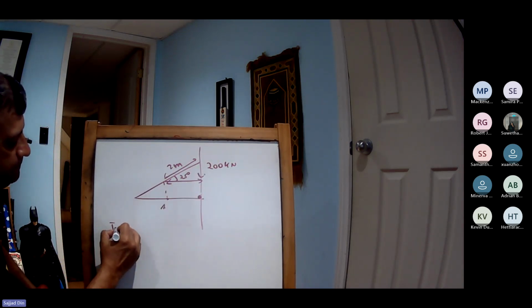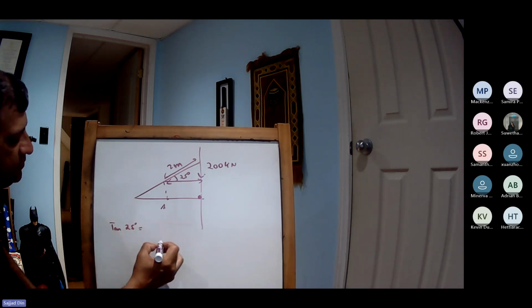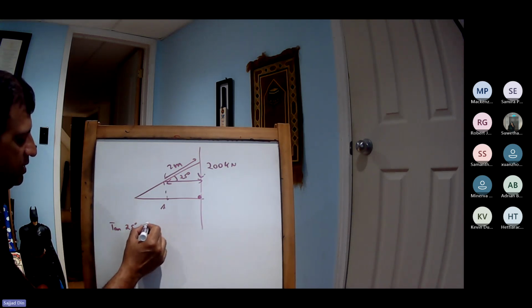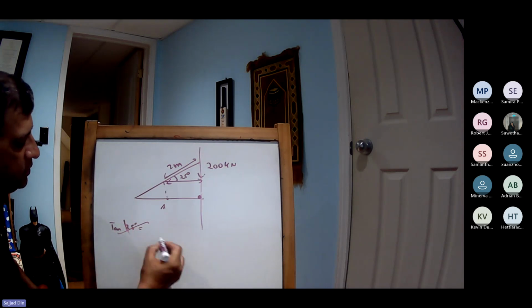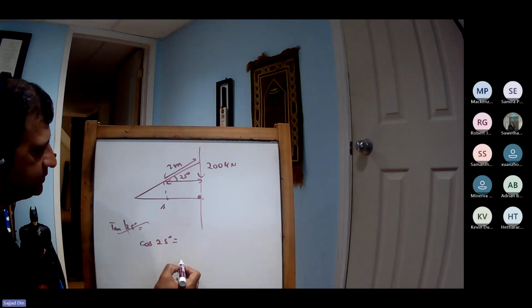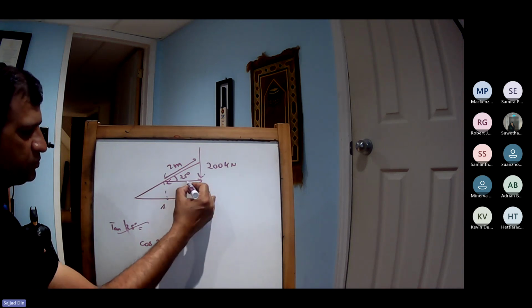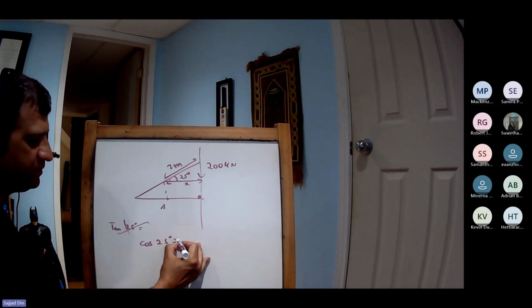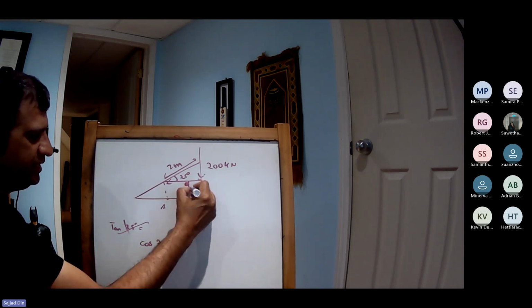Well, tangent of 25 degrees is equal to, no, that won't work. I'm not going to use that method. Cosine of 25 degrees is equal to adjacent, which is what we're looking for. So let's just call this d, the distance.